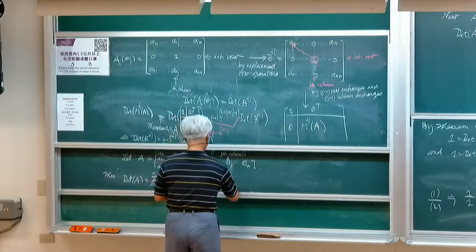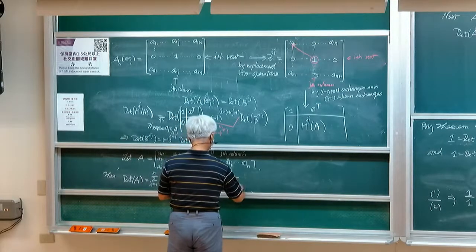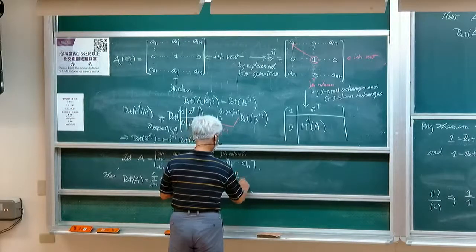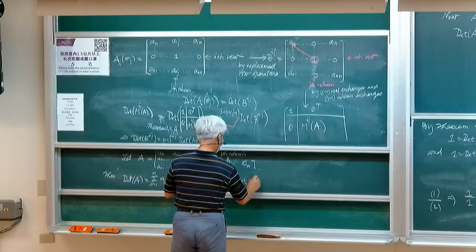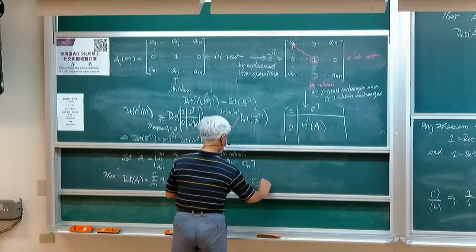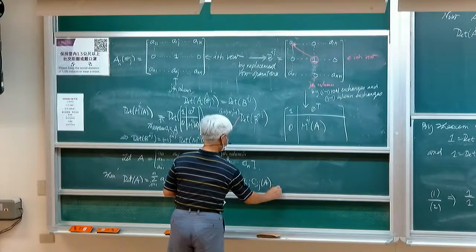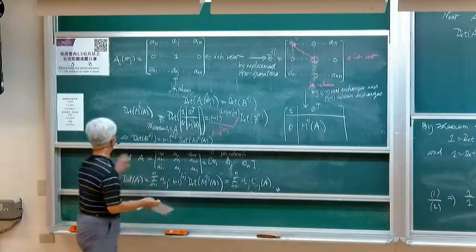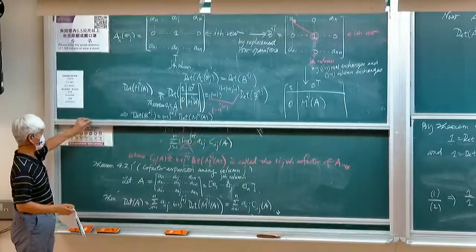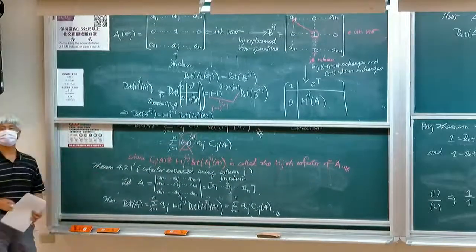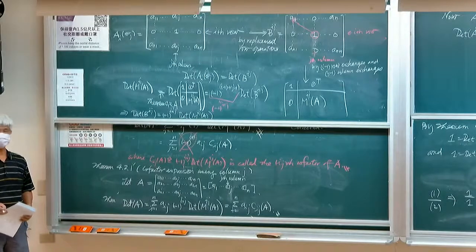Okay, so by the definition of the cofactor, this is aij times Cij. So we have a column version there.